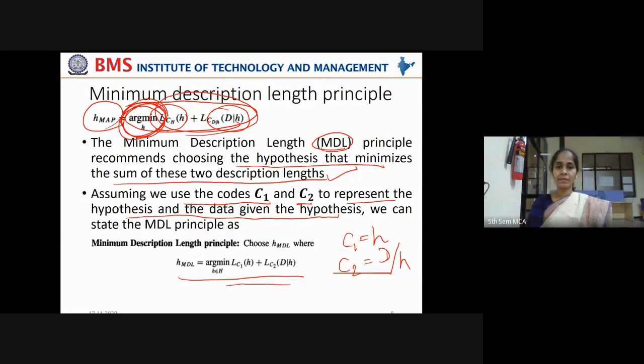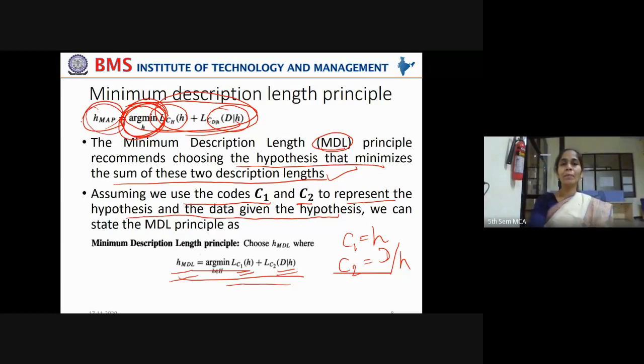How do you represent it now? Simply, H_MDL equals the minimum description you prefer for the encoding that you use for the hypothesis H plus the encoding you use for the data D given H. Okay, so these two terms you are trying to minimize in order to get the minimum description length principle.